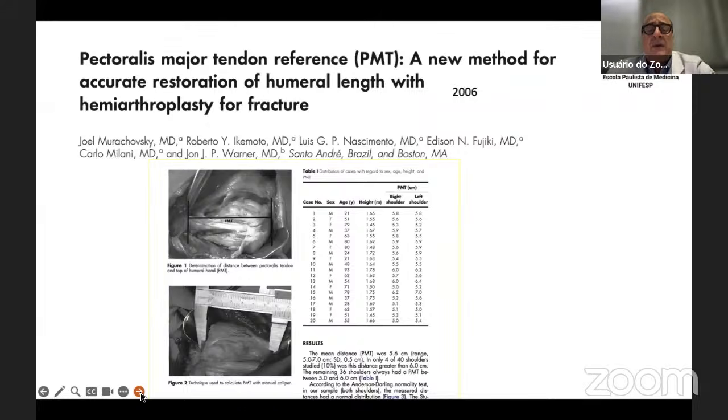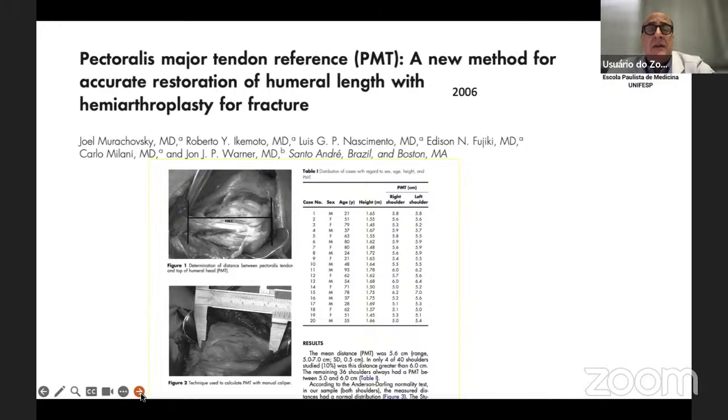Thinking about anatomical references for making a reverse or a shoulder arthroplasty, you have to see this work made by a group from Brazil with Dr. J.P. Warner in the United States.